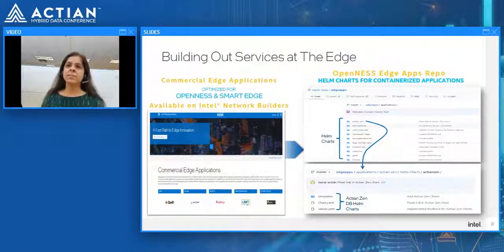Once you have tested, you are technically enabled for OpenNESS or Smart Edge. For OpenNESS, we expect that you check in the Helm charts in the OpenNESS GitHub project in the Edge Apps repository. The binary can stay wherever you want to keep it. It is your IP. Our engineering team reviews the Helm charts against the contribution guidelines and gives you a green signal to check in into the OpenNESS Edge Apps repo.